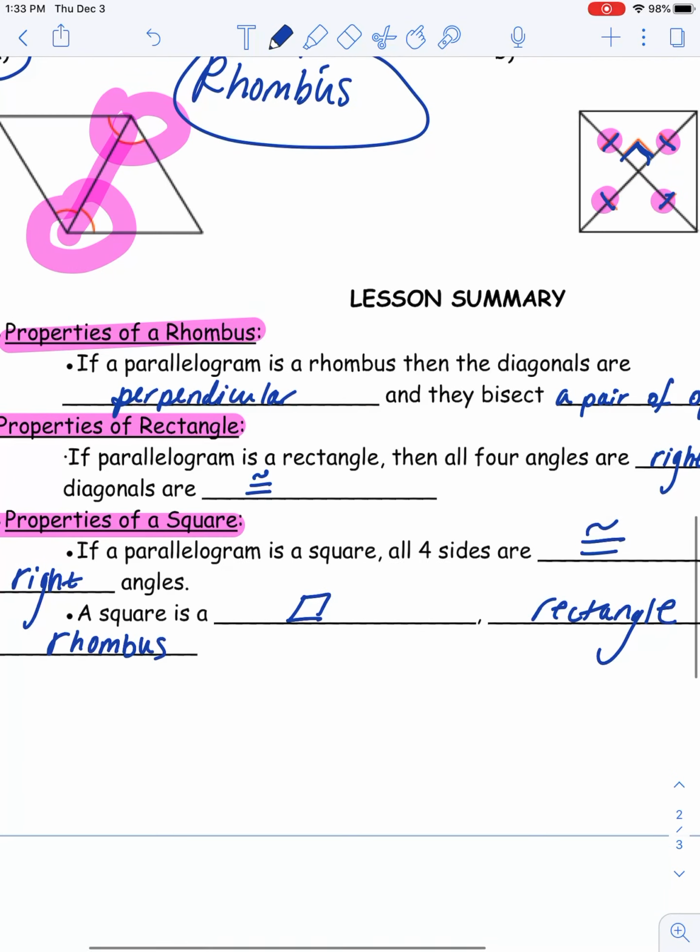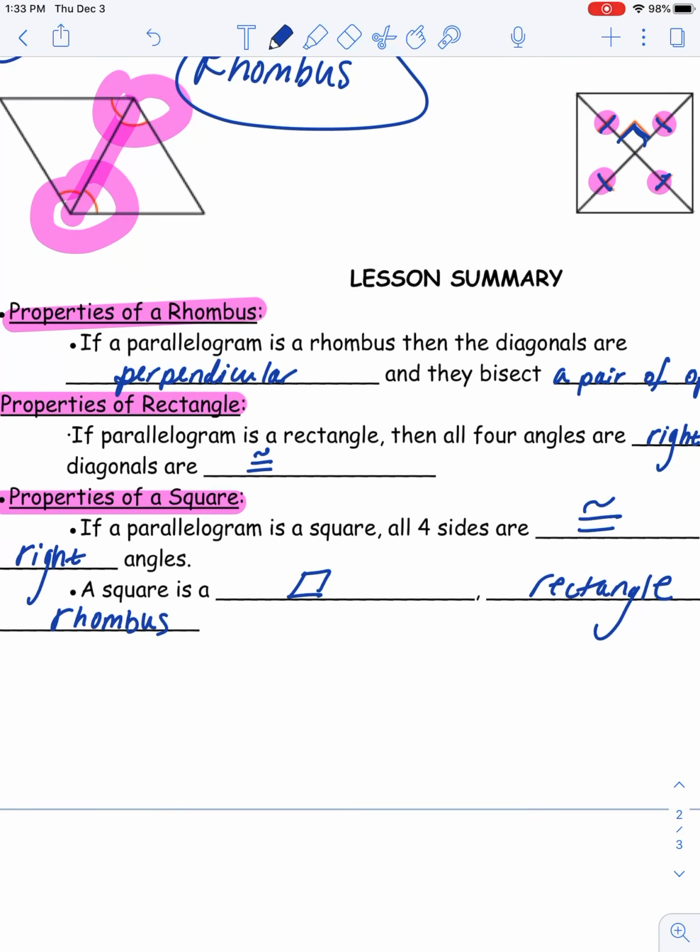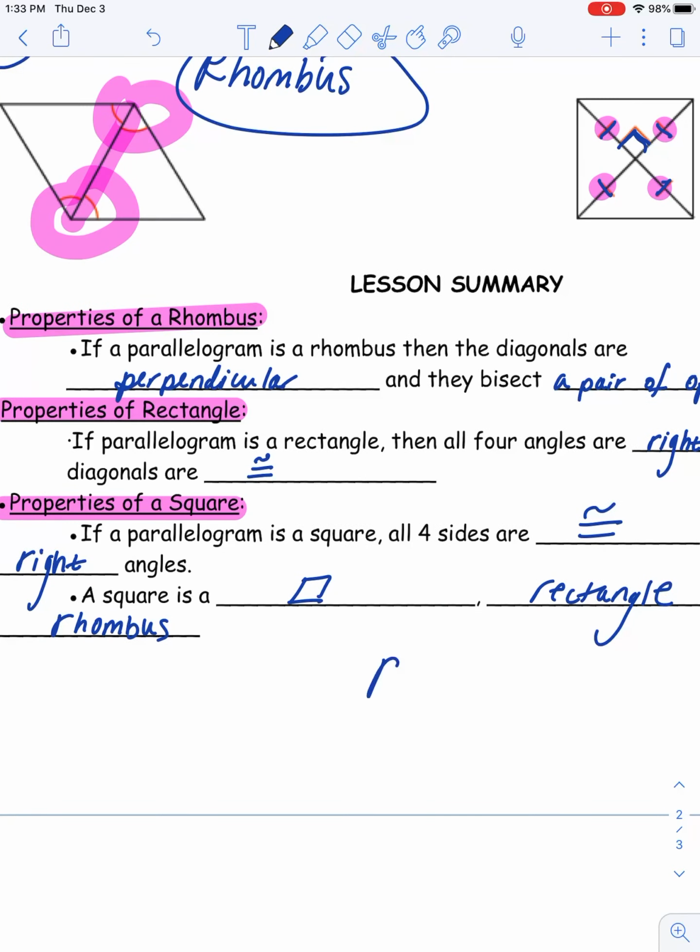There's one last thing that I want to share with you that I know has helped me. If I visualize this, I've got a parallelogram on top, and everything beneath that word parallelogram is going to share all of the properties of a parallelogram. So I know that a rectangle is a parallelogram. I also know that a rhombus is a parallelogram. However, a rhombus and a rectangle are not each other.